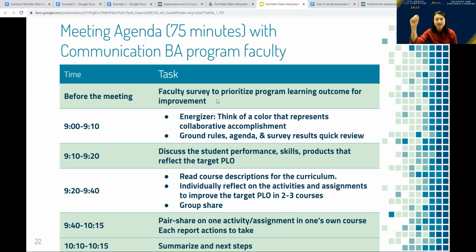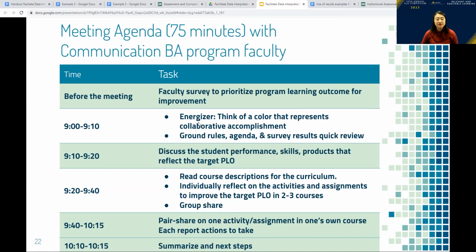Okay, this is the percentage of students meeting outcome A, B, C, D, E, right? That's it, very simple, straightforward. We asked faculty members to prioritize 2 program learning outcomes for the department to focus on improvement. So even though it feels like a survey, it's really just to put everybody's thoughts in one place. We're on the same thought plane here.